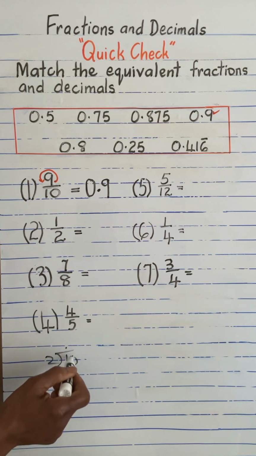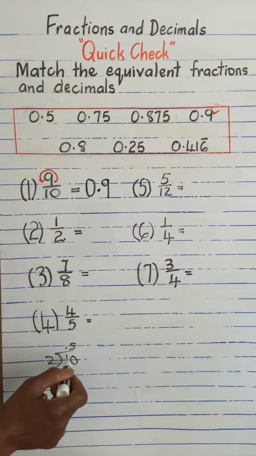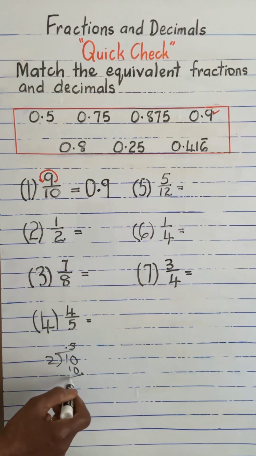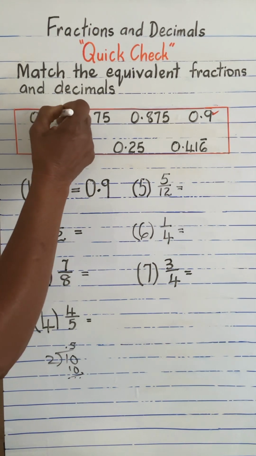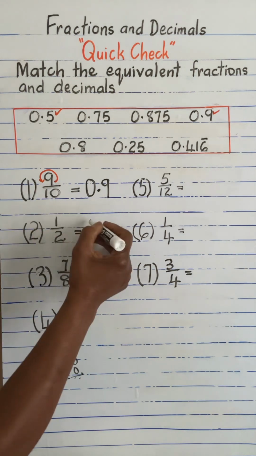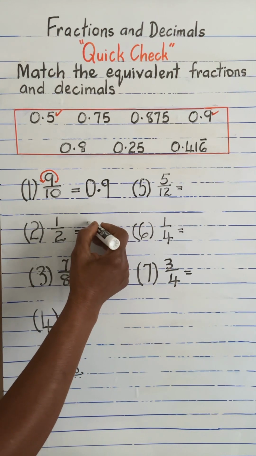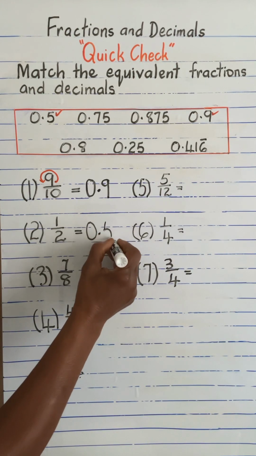How many times can 2 go into 10? 5 times. 5 times 2, 10. So a half is equal to 0.5. And here we have our 0.5. A half is equal to 0.5.